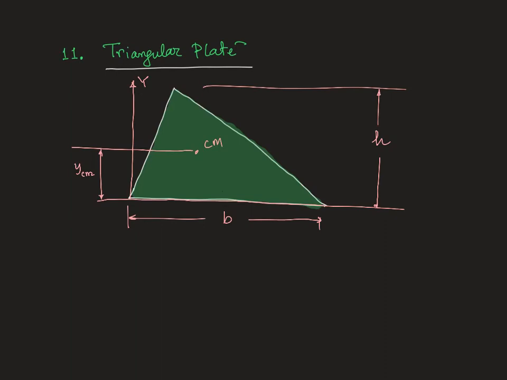Now we divide the triangular plate into several rods. So at a height y from the base, this is a rod of thickness dy, and say the length of the rod is L.